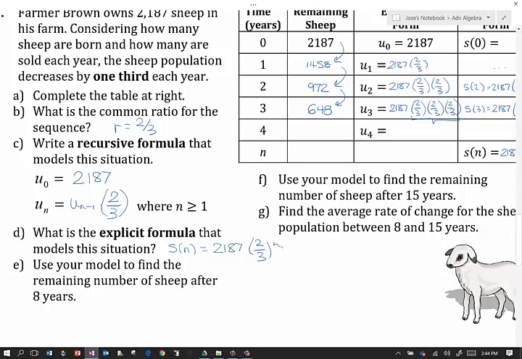Okay. So how many sheep would he have after 8 years? The number of sheep will be equal to 2,187 times 2/3 raised to the 8th power. I'll give you time to do that in your calculator. Make sure you put parentheses around the 2/3, just like I have it in there on the screen.